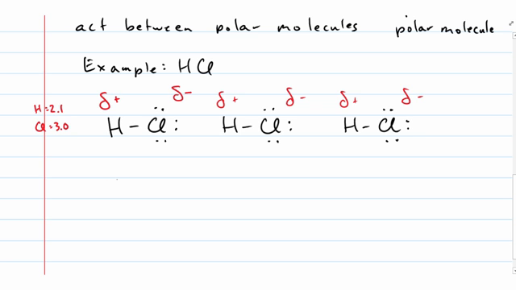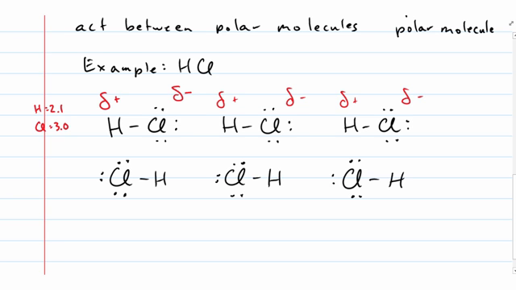And so if we went one more level right here, let's say we had another layer of HCl, the other layer would look something like this. And the reason is because, again, the partially negative chlorines of one molecule are going to have an attraction for the partially positive hydrogens of a different molecule.